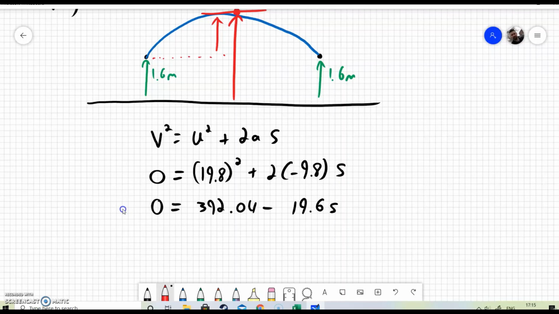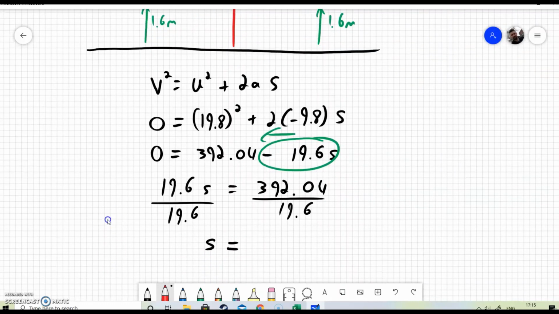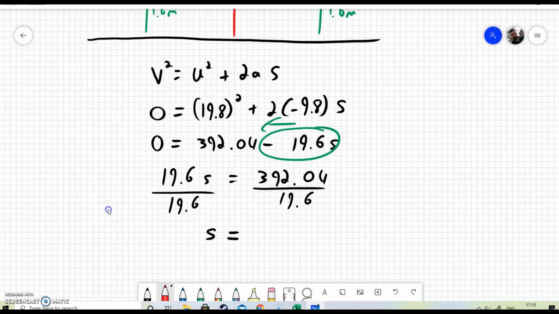So when I bring this term over that way, it's going to give me 19.6s is equal to 392.04. And I'm trying to find the value then for s. So if I divide both sides by 19.6, I will have a value of s. The value of s when I divide that out will be 20.002. So s is equal to 20 meters.